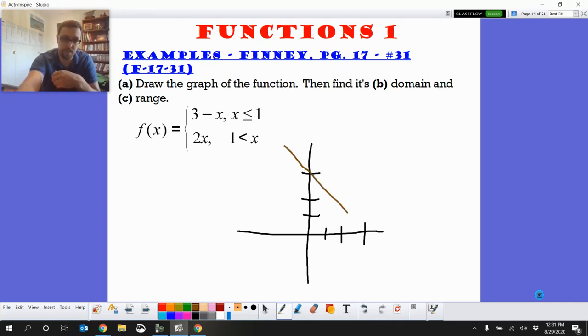So I'm going to have a line kind of like this. There's my rough graph. Now I'm going to say, hey, x has to be less than or equal to 1. So it's going to be cut off at about right here. That's kind of the cutoff point. I only want this piece of it. I don't want this piece of it. So I can erase this much of my function.